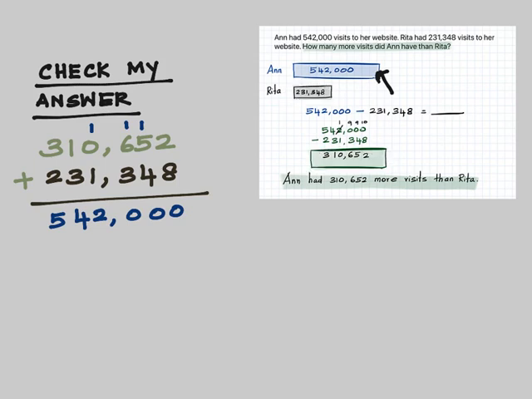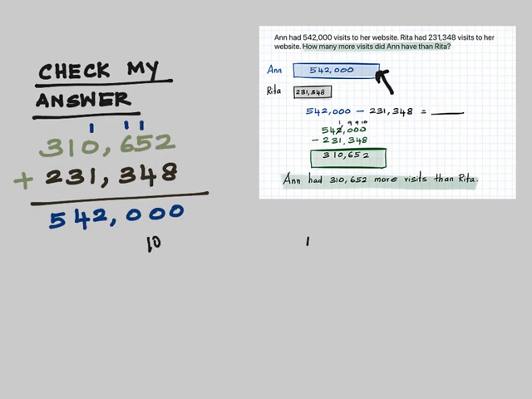Now I have added the two values. How to do the addition? 2 plus 8 is 10. So let us write the 0 down here and the 1 goes up. Then 5 plus 4 plus 1, which is 10 again.